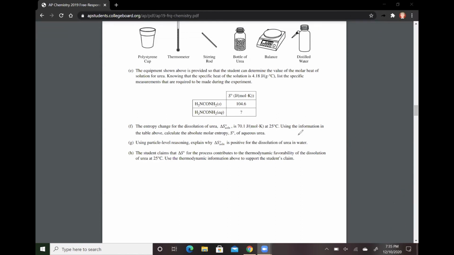So you've got our famous Gibbs free energy equation. Delta G is equal to delta H minus T delta S. And okay, so obviously we know delta H is going to be positive, right? Because this is endothermic. We're dissolving something, so you have to put heat in.